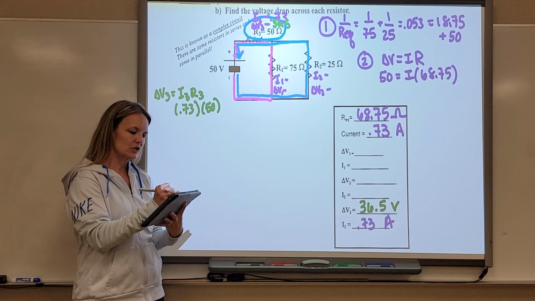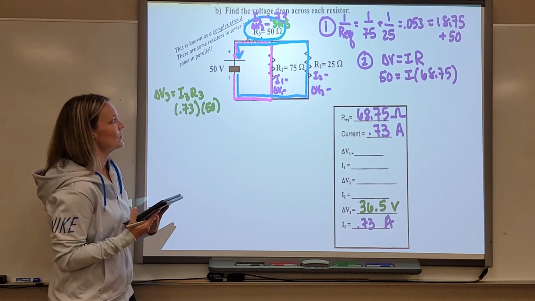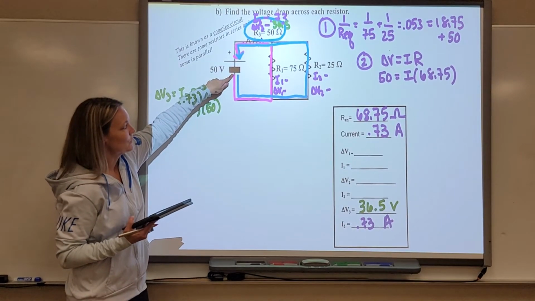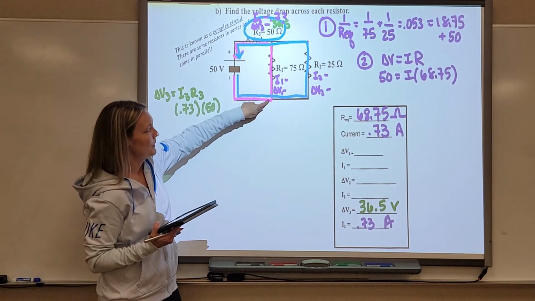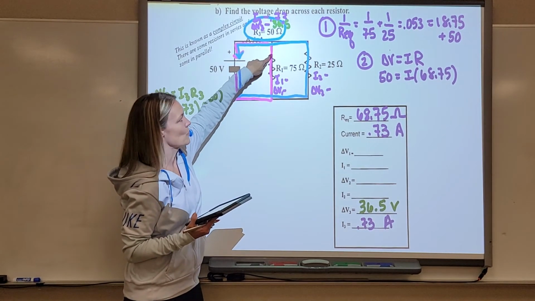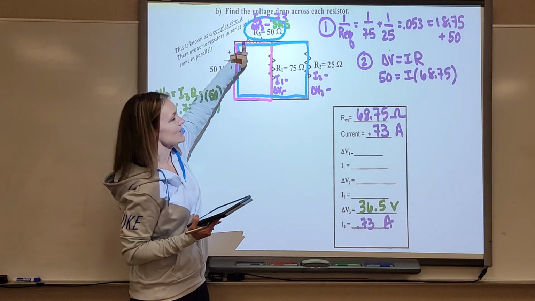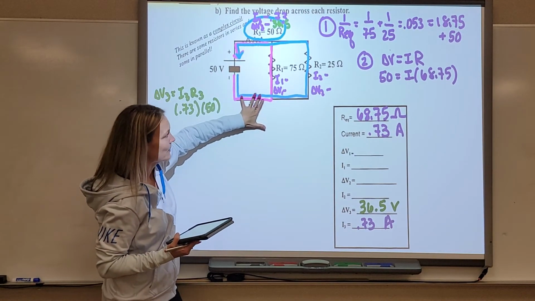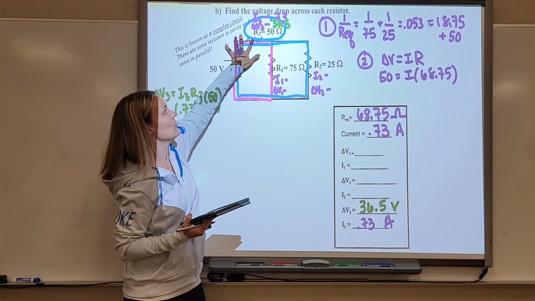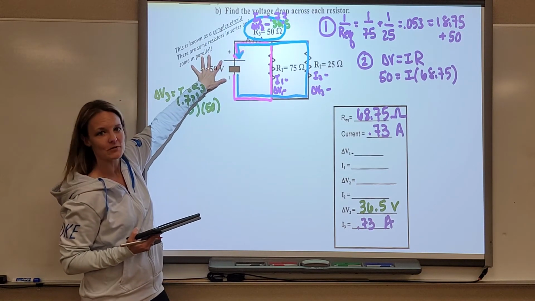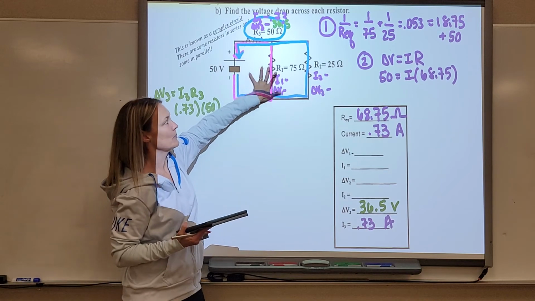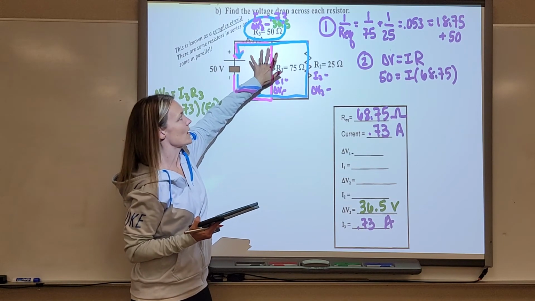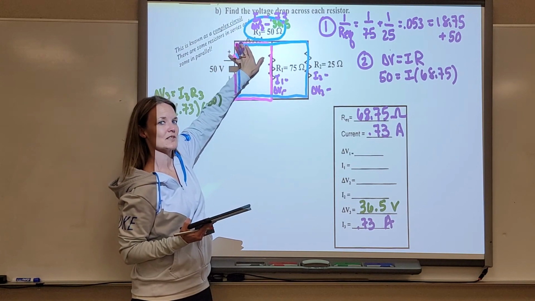Okay, so I'm going to switch colors to pink. We're going to follow the pink path. It goes through resistor 1, and then it continues through resistor 3. By the time my current flows back to the 50 volts that it leaves with, some of it gets used through resistor 1, some of it is used to push through resistor 3.